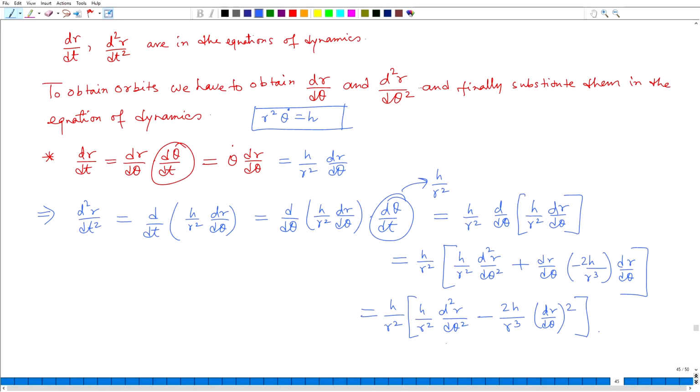But you see already from your common sense that this equation will involve terms like d2r d theta 2 and dr d theta whole square. So, it will be a second order ordinary differential equation with non-linearities, and solving such equations is not very easy.